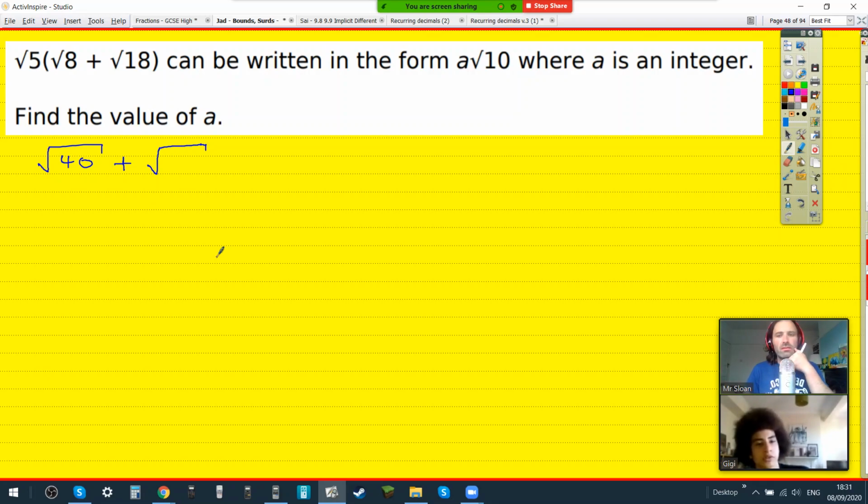Root 100, root 80. Half of 180? Half 180. Root 90. Yeah. 40 is root 20 and 2 root 20.